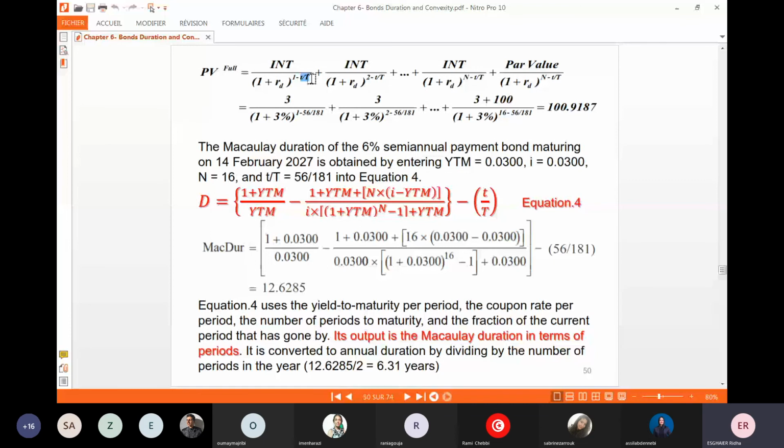The second interest to be received will not be received after 2 semesters but 2 semesters minus 56 days over 181, etc. From each one you remove the accrued interest fraction of the period that has passed. You find the direct full pricing.